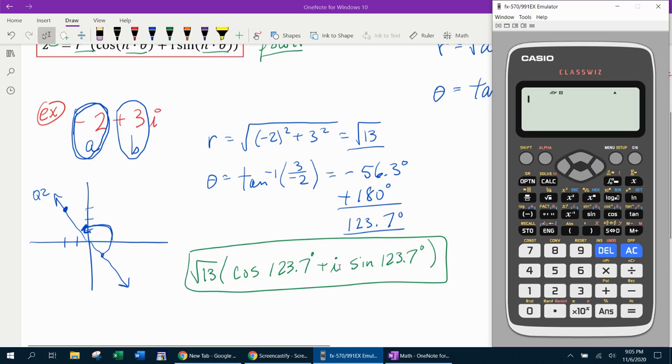Now, we are going to need to be in complex mode since this is a complex number. So we're going to go menu over to complex, which is number 2. And if you see on the calculator up here, now there's a little I, which means we're in complex mode. And we should be able to type in this answer just the way we wrote it, making sure we're in degree mode.